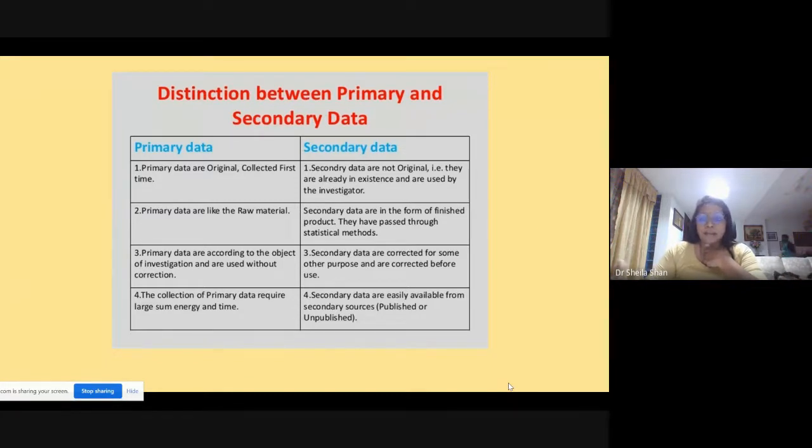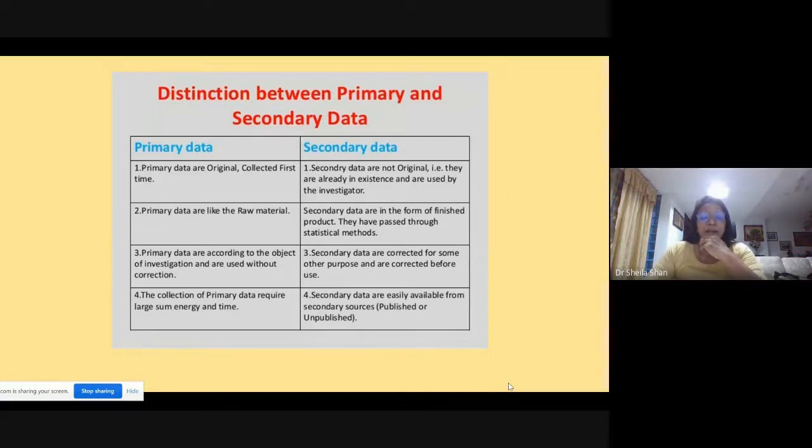Now you're collecting the same secondary data and analyzing it using a different statistical method. Primary data are according to the object of investigation and are used without correction. But secondary data were collected for some other purpose and are corrected before using.